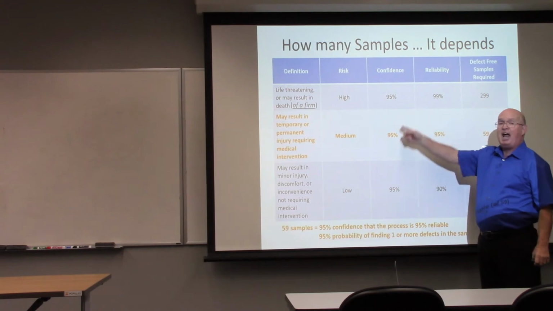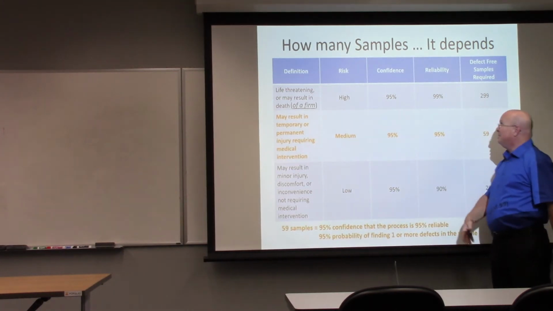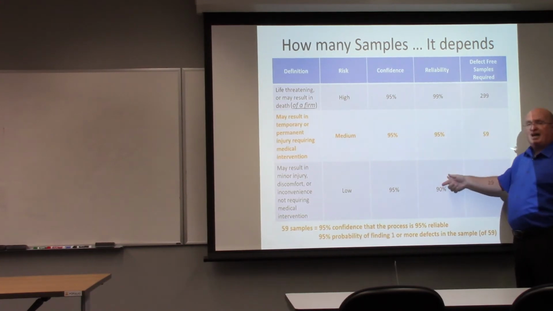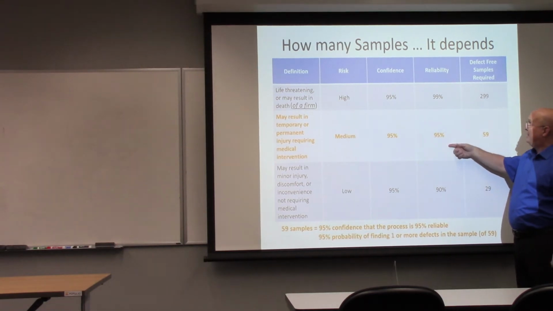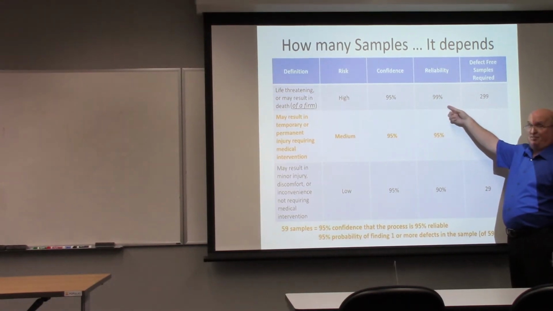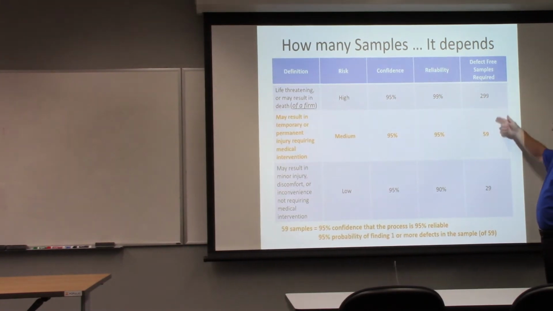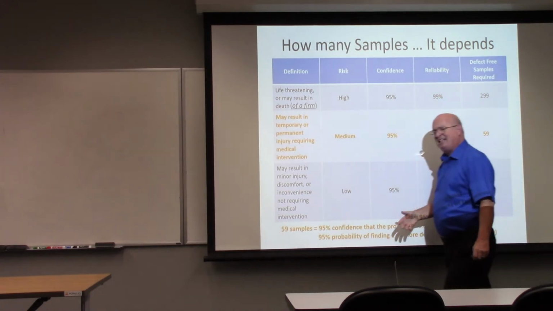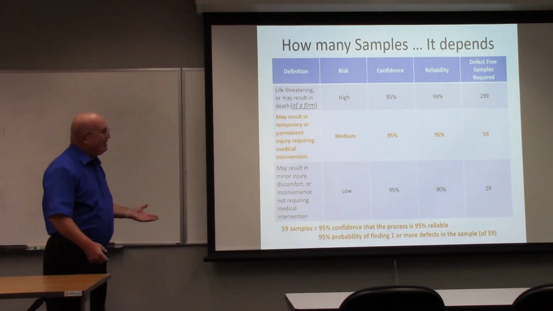You can make it higher if you want, you just have to have a higher sample size. Reliability: notice 99, 95, 90%. Bump in the road, serious injury, death of the firm. How many samples? 299, 59, 29. And you go, well, wait a minute, that doesn't seem very high.